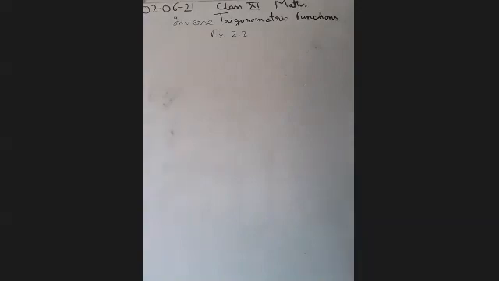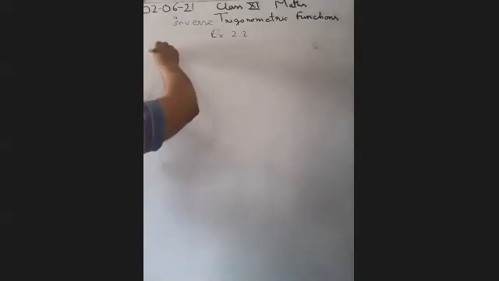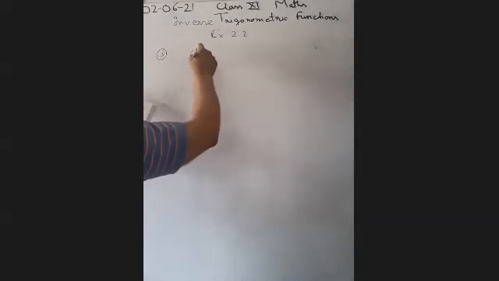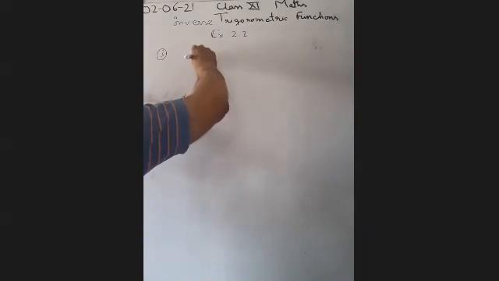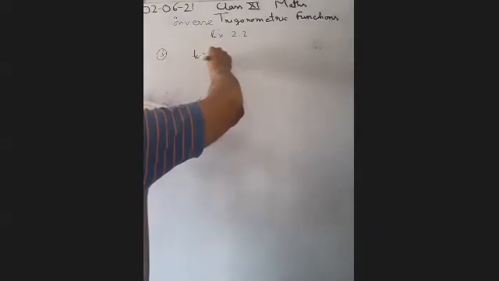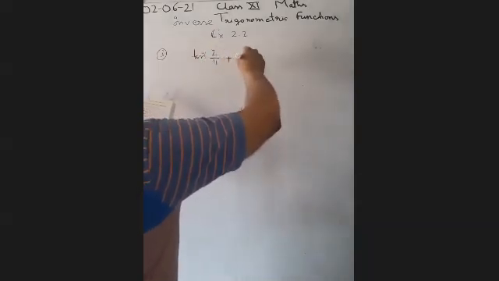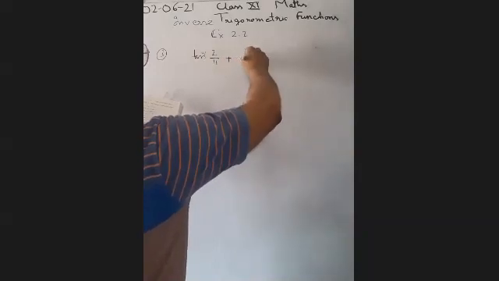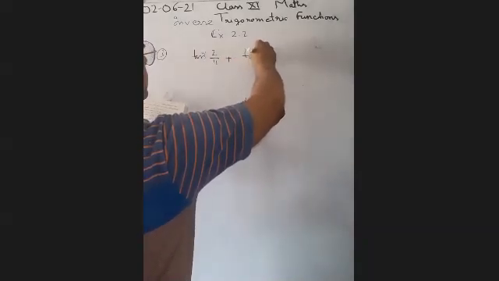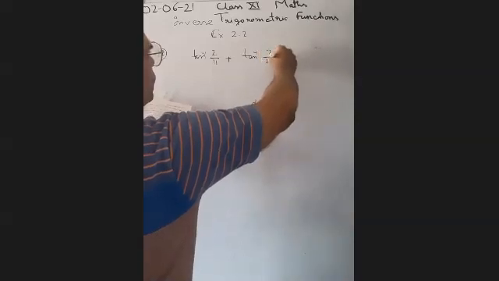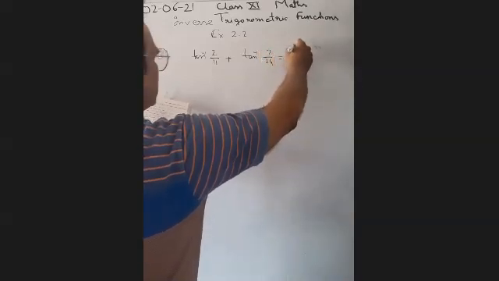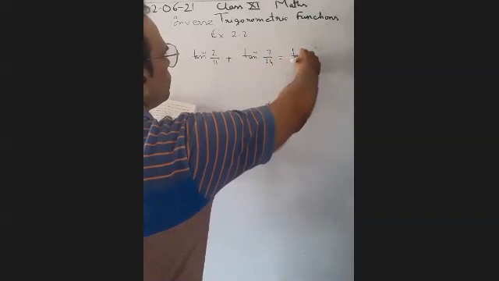Now see question number 3rd. Tan inverse 2 upon 11 plus tan inverse 7 upon 24. We have to prove it is equal to tan inverse 1 upon 2.